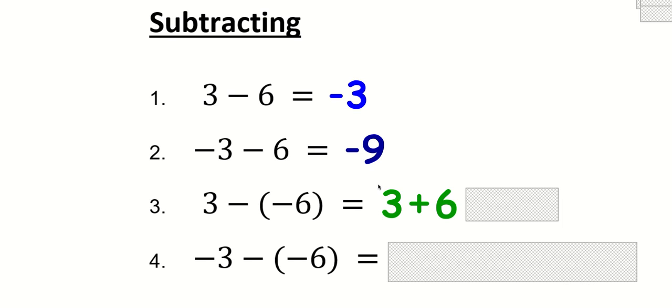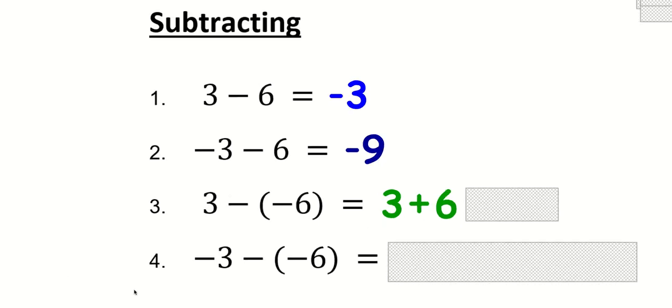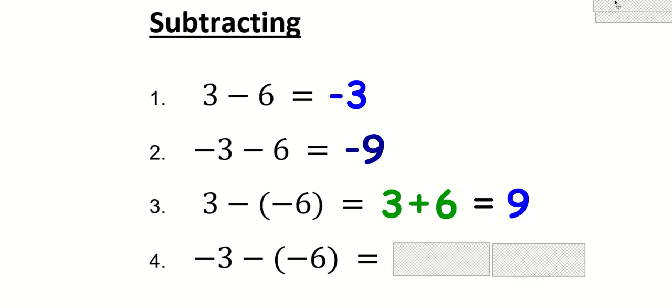And again, with this type of stuff, I do not like writing or talking about minusing a negative. It's adding to me, okay? So maybe you like that and you're fine with that. I very quickly just want to make it 3 plus 6, which is of course 9. And so -3 minus a -6, you might as well write just -3 plus 6.